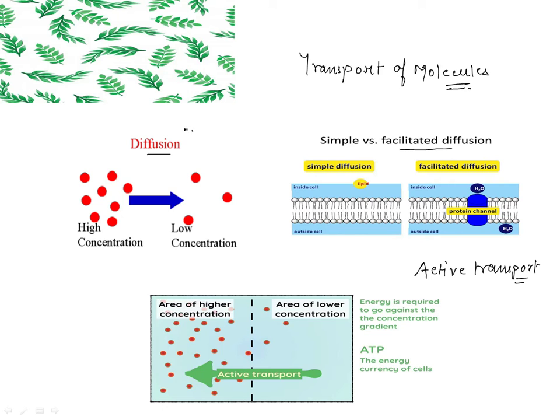Diffusion is the movement from higher concentration to lower concentration. Gases diffuse faster. And do you know what facilitated diffusion is? In facilitated diffusion, carrier proteins help in the movement, again from higher concentration to lower concentration.